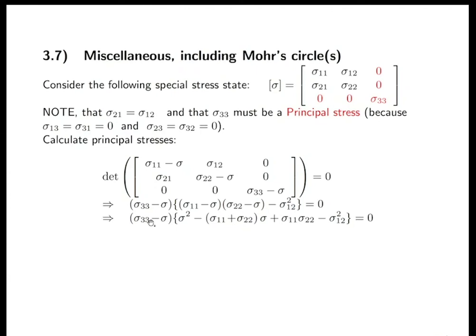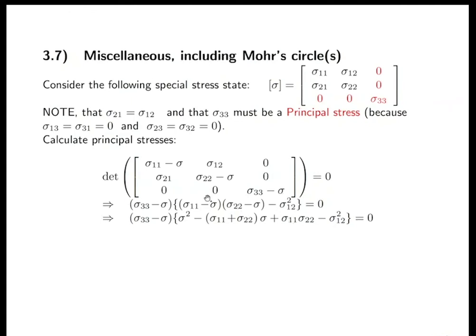This is a third-order polynomial, but it's already decomposed into a first-order and a second-order polynomial. If you have something like this, never multiply it out. You don't need to, unless we ask you to calculate the invariants. For the stress eigenvalue calculation, this form is much better because it allows you to read off that one eigenvalue of stress must be sigma 3,3, because then the equation is 0. Then drop it and compute the second-order polynomial.